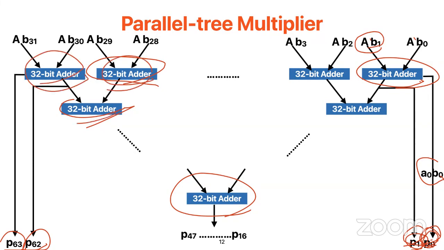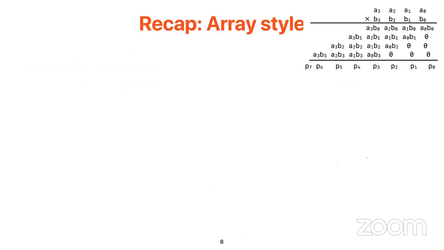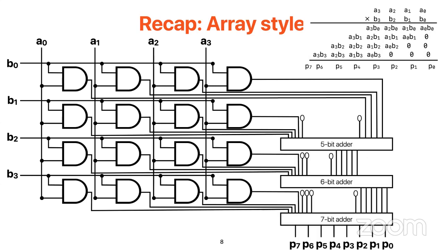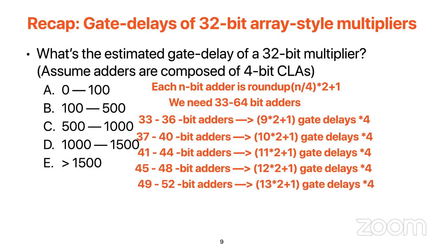If you look at the array style, for a 32-bit one, all you need is 32 adders in total.